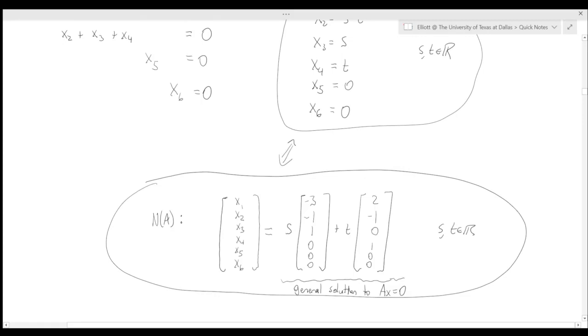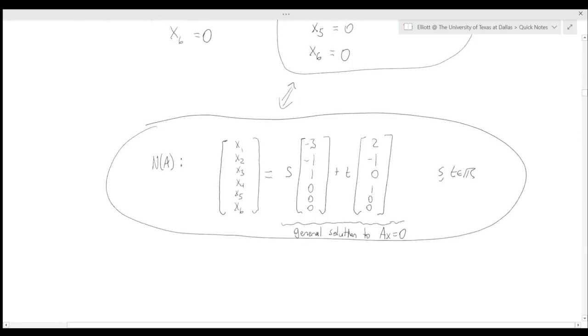So here, the way that I wrote it out is somewhat revealing. If I take this vector and this vector, and just call them u and v real quickly, here we're saying that the null space consists of all linear combinations of the vectors u and v.